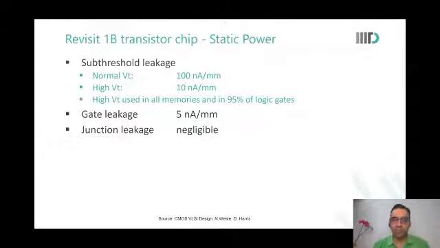There is some gate leakage, which is 5 nanoamperes per millimeter, and then junction leakage, which we say is negligible as of now, because we are not applying any body bias or anything like that. So just remember these things so that when we want to estimate the leakage at chip level, you will know how to arrive at it. Is that okay?